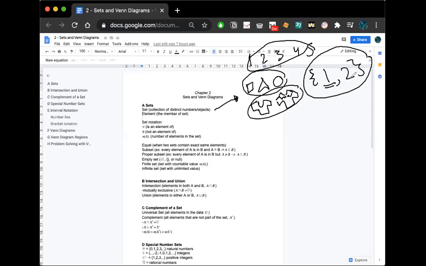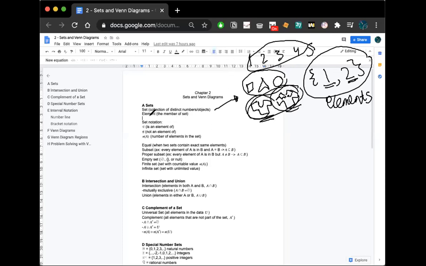These numbers inside the set are called elements. Same with these different sets. These different distinct objects in the mathematical sense are called elements.